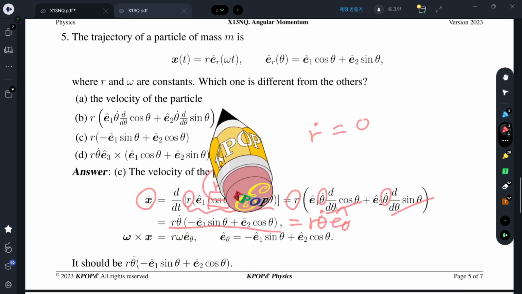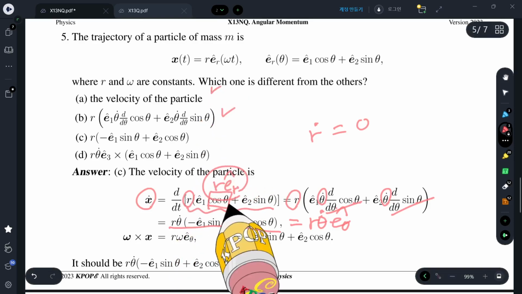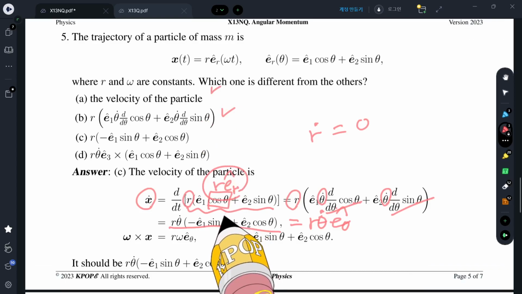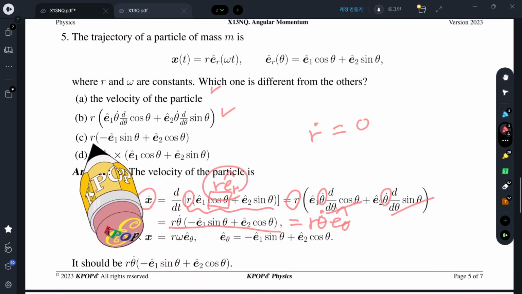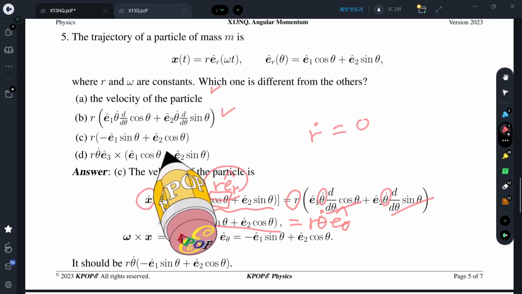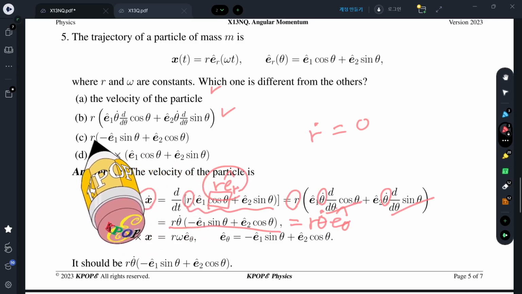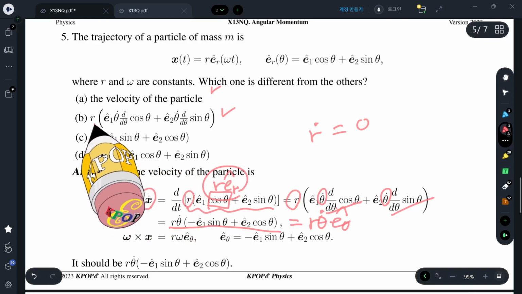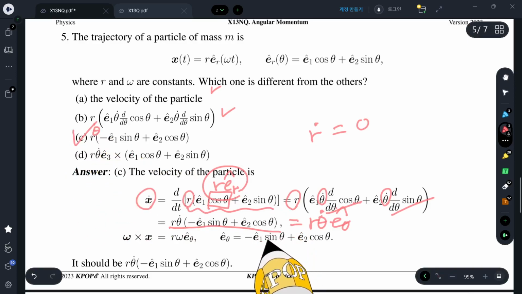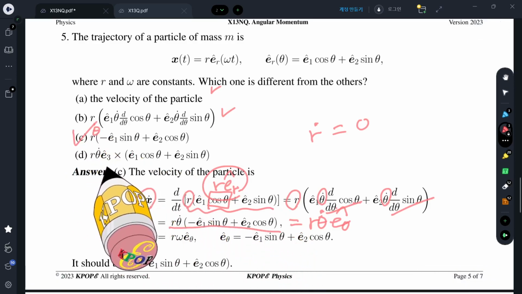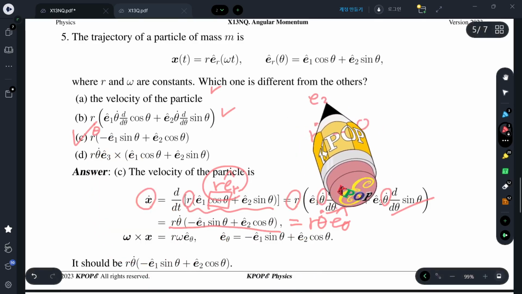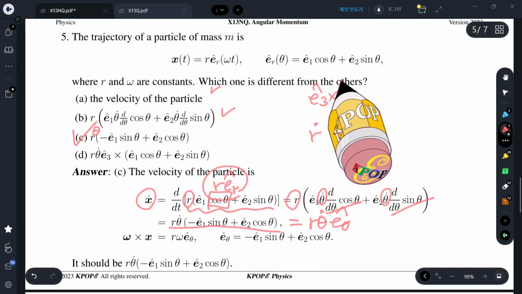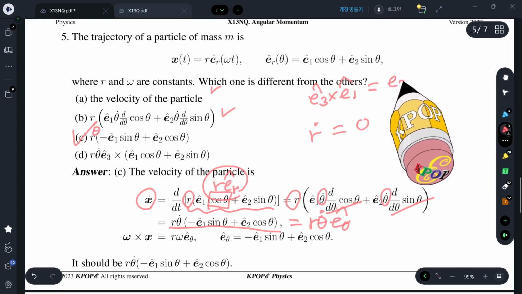B is the same as the velocity. What's that? C. Everything is the same, except that theta dot is missing, so this is the answer. What about this? E3 cross E1, 3, 1, 2.